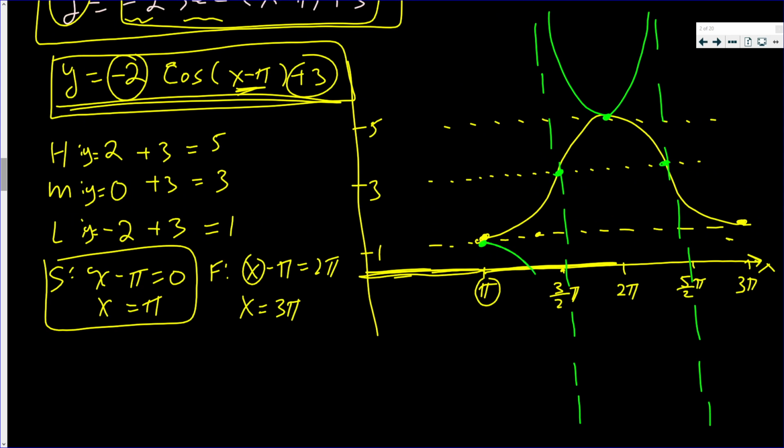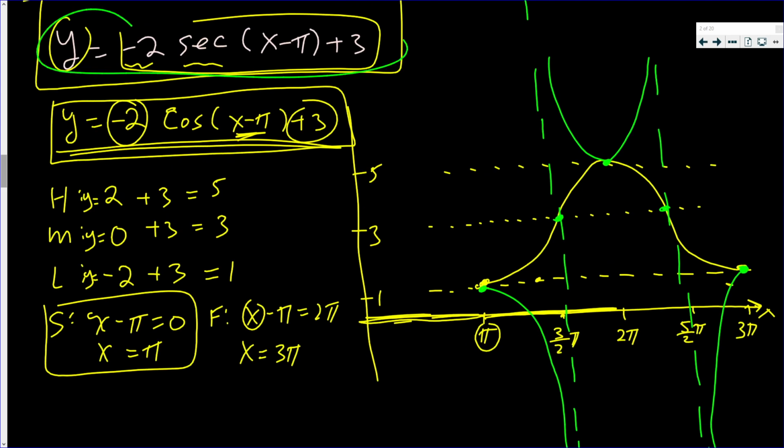Over here, go like this. Over here, go like that. Whatever you see in green, that is this graph right there. And that completes this section on graphing secant and cosecant graphs.